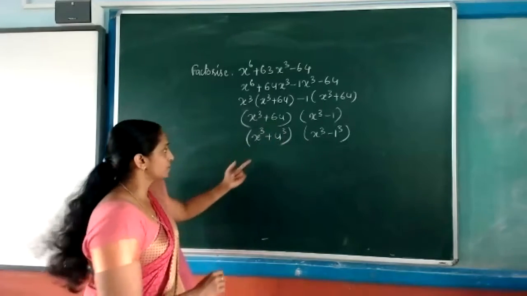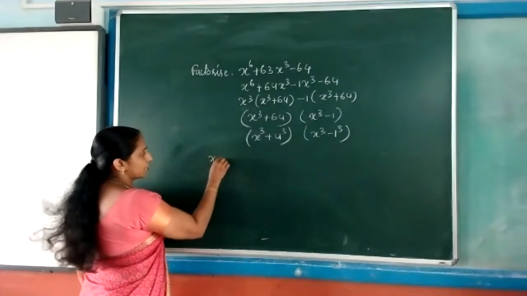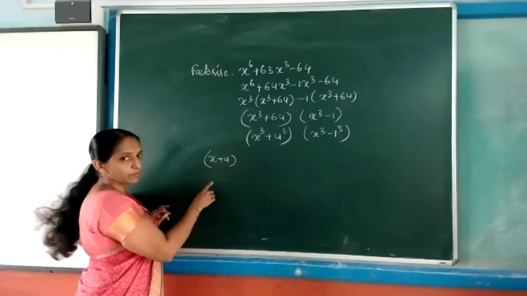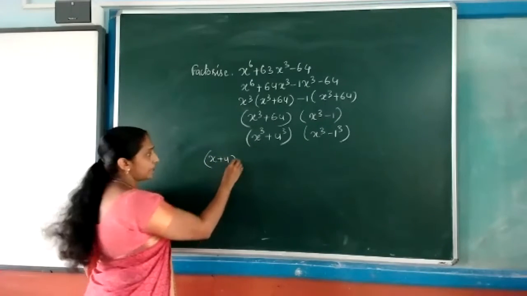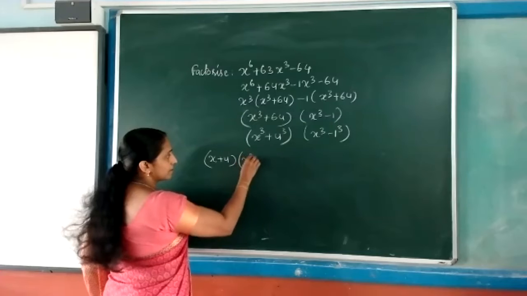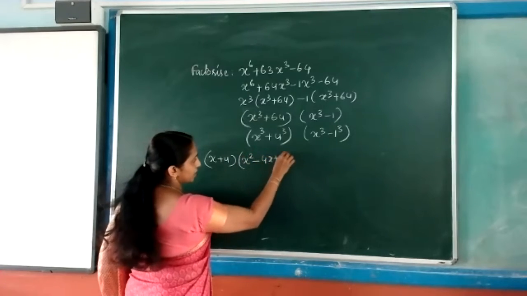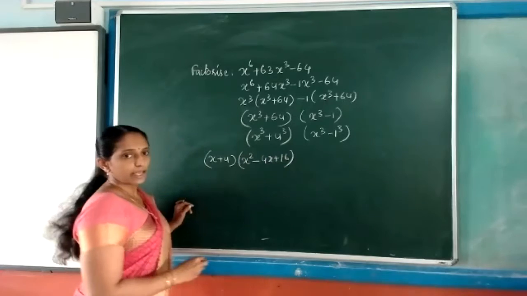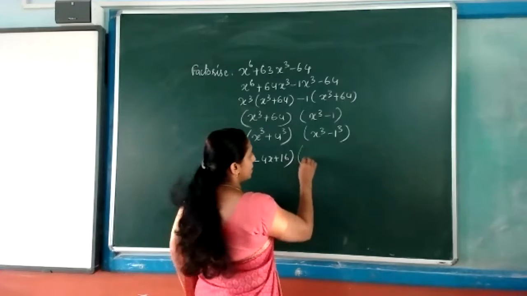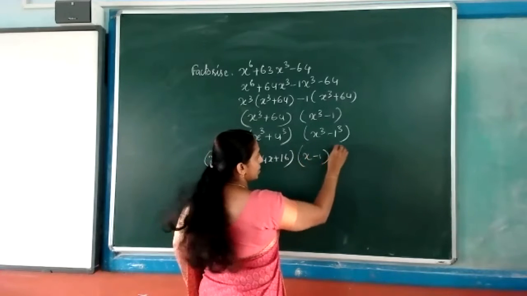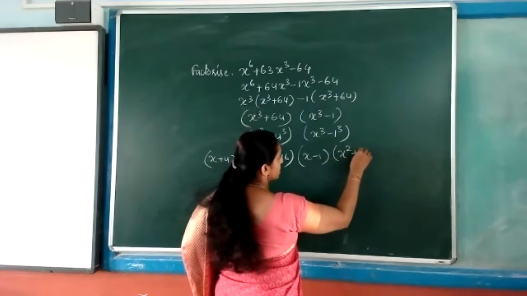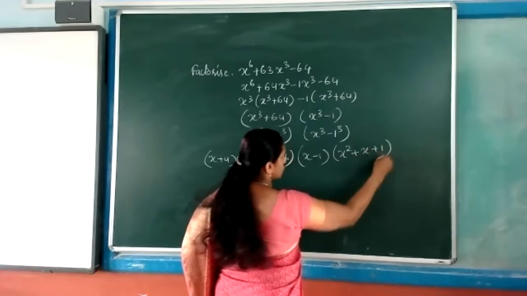So a cube plus b cube is a plus b into a square minus ab plus b square. And the second one, a cube minus b cube is a minus b into a square plus ab plus b square.